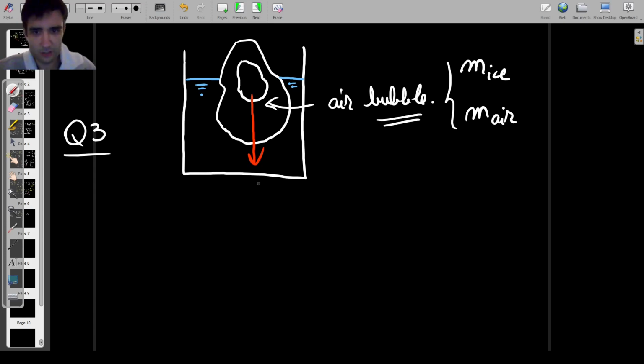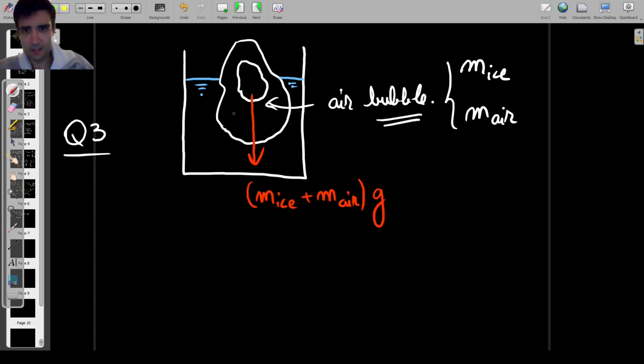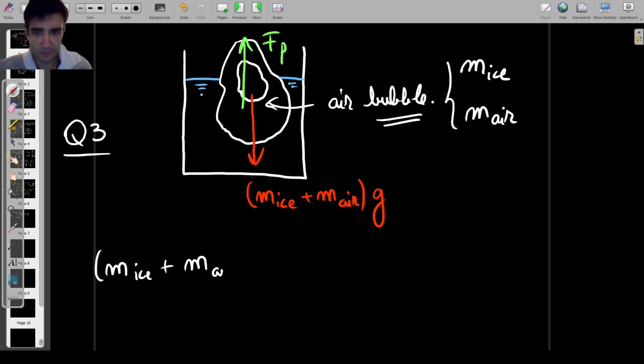So now that we have this, we can write our balance equation. Acting downwards, we have weight, so that's m ice plus m air times g. And then acting upwards, we've got the force due to pressure. So if we write this in the form of an equation of equilibrium, we have m ice plus m air times g is equal to, once again, this Fp, the weight of the displaced water.